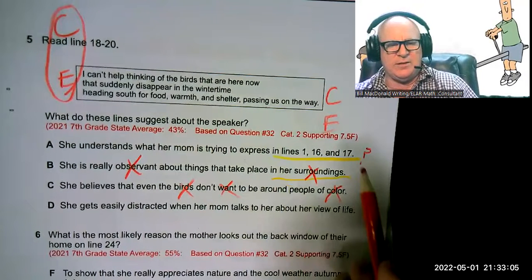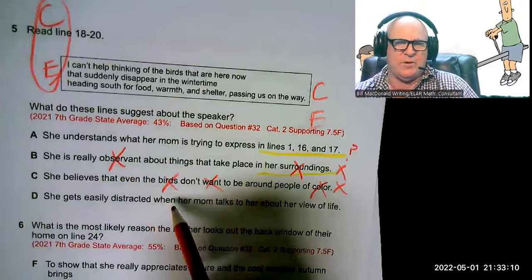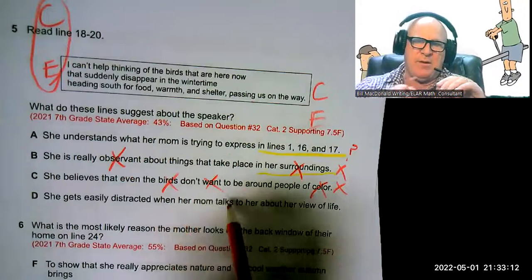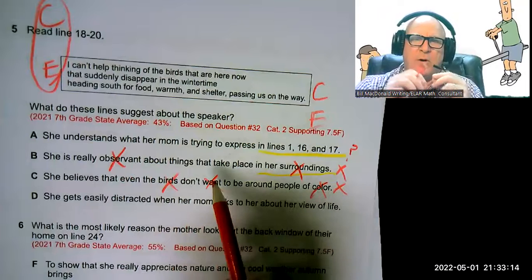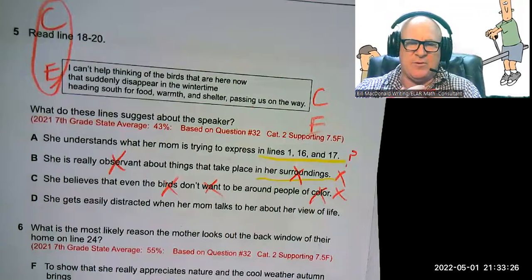The last one, she gets easily distracted when her mom talks to her about her view of life. Well, because everything in a passage and in a poem and in the play ties together, we've got to figure out how lines 18 through 20 best tie together with the lines before them and the lines after them. Well, it wasn't about being distracted.